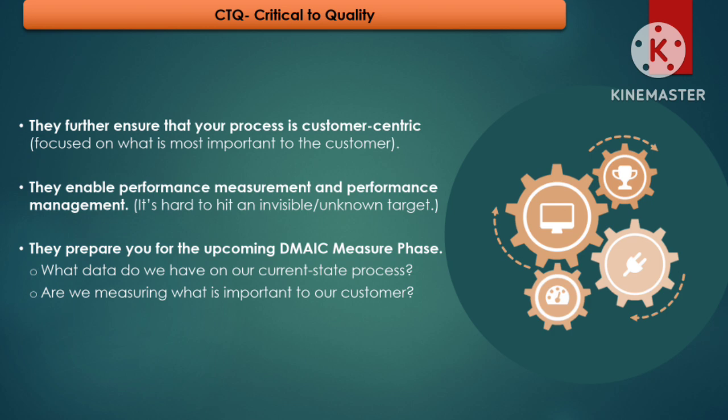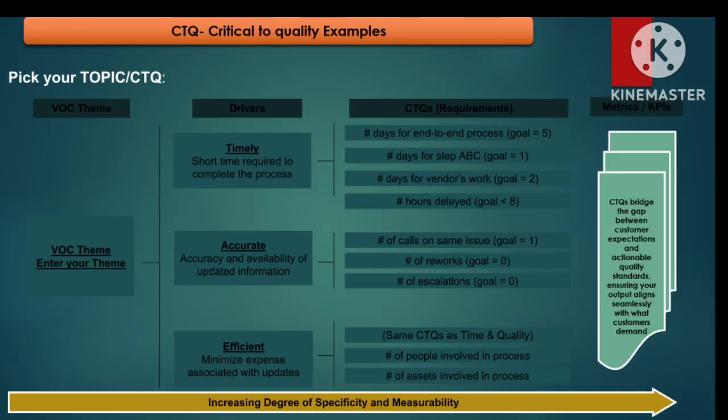Alright, let me give you some example and template so that you can use it. Right, so you look at this template, it gives you the VOC theme, meaning your problem statement, or you can say where you want to gather the feedback from the customer, or what is your main target area.